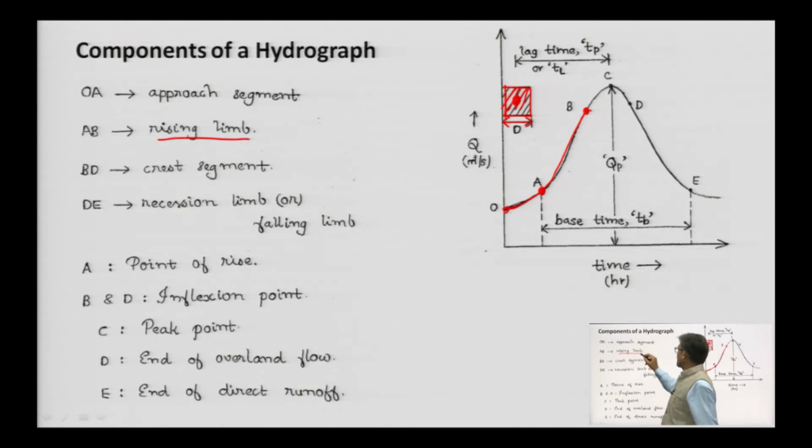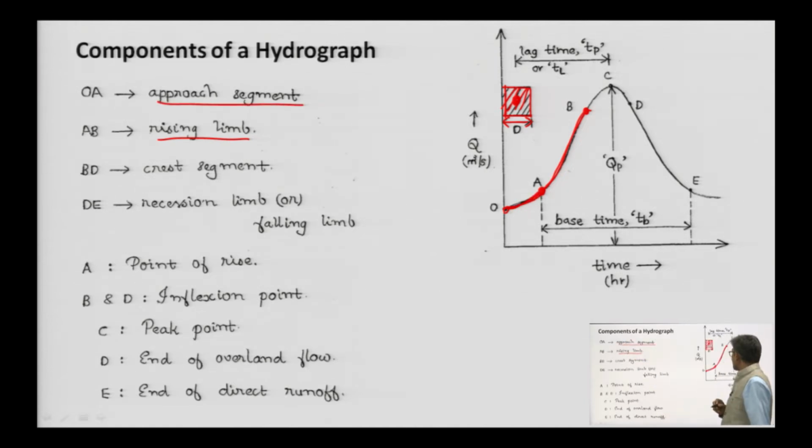This is the rising limb. The flow is increasing, and O to A is the approach segment. Further, B to D, where C is the point where we get the peak discharge QP, this B C D is the crest segment.